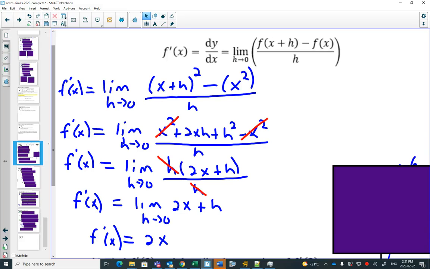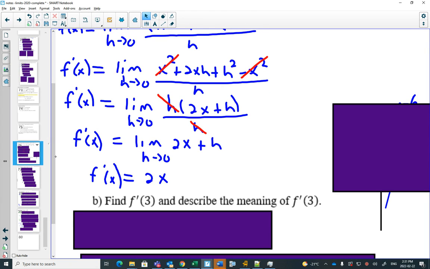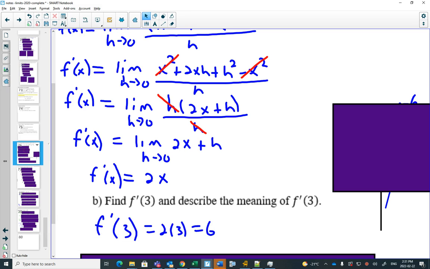Now, this is very powerful because this derivative lets us figure out the slope of any tangent line anywhere on the parabola. So in part B here, it says, find f prime of 3. Well, since we know f prime of x is 2x, just like normal function notation, f prime of 3 would just be plugging in 3, and we would get 6.